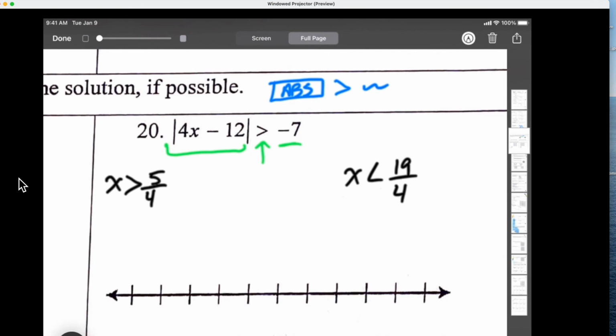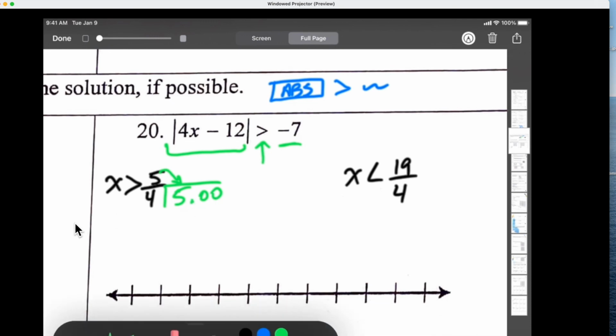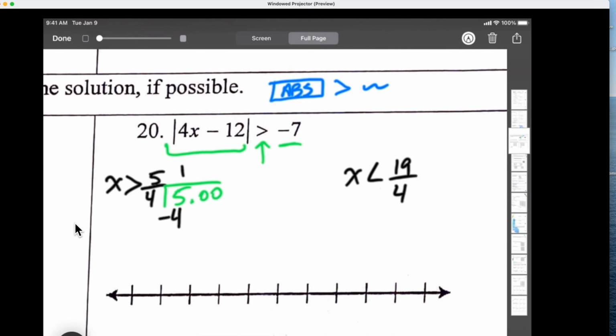Sometimes I find it helpful to put things in decimal form rather than in fraction form when I'm graphing. So if I want to put this in decimal form, I would do this. The 5 drops inside the box, and I put a decimal 0, 0. And then I would ask myself, I'm doing long division. How many times does 4 go into 5? The answer is 1. 1 times 4 is 4.